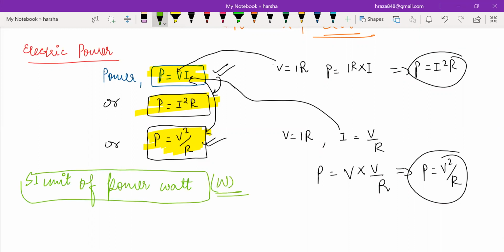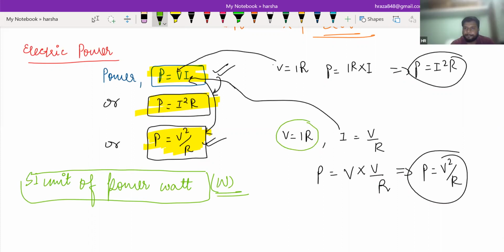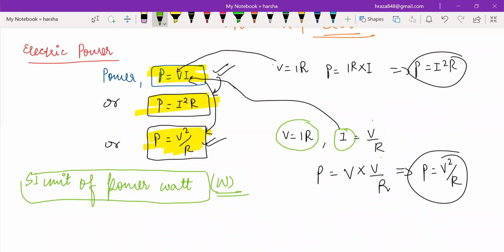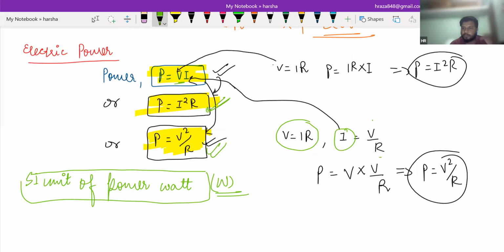Sir, can you tell how to derive the third one? This P is equal to V square upon R, right? Yes, sir. So you know that Harsha, V is equal to IR, and you also know that I is equal to V upon R. For the second formula, I just put the value of V, that is IR, and for the third formula, I just put the value of I, I is equal to V upon R. So you know that P is equal to VI.